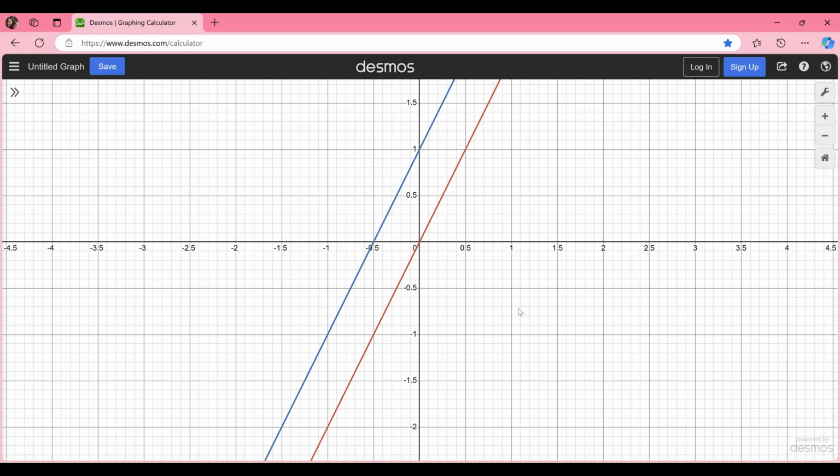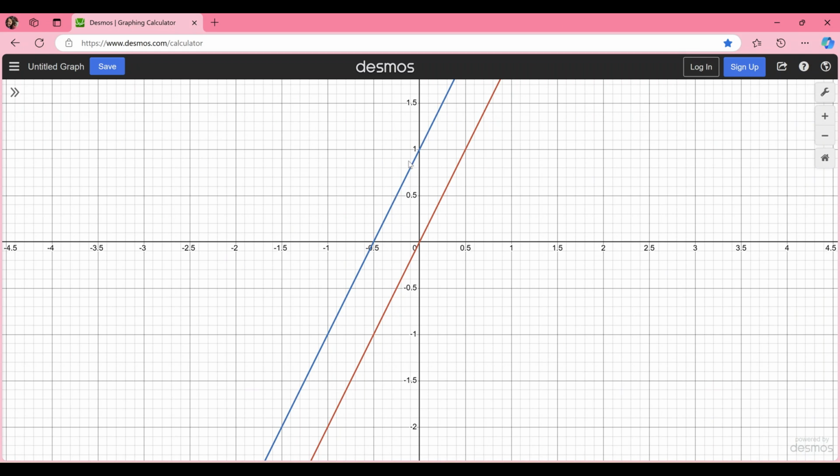I said that one of the things that define a line is its slope. Okay, so if you look at the red line and the blue line, you will notice that they have the same slope. So how are they different? Remember, an equation should be like a name that defines one line.